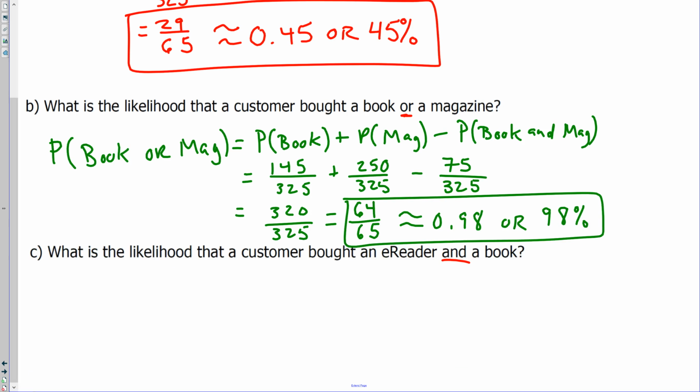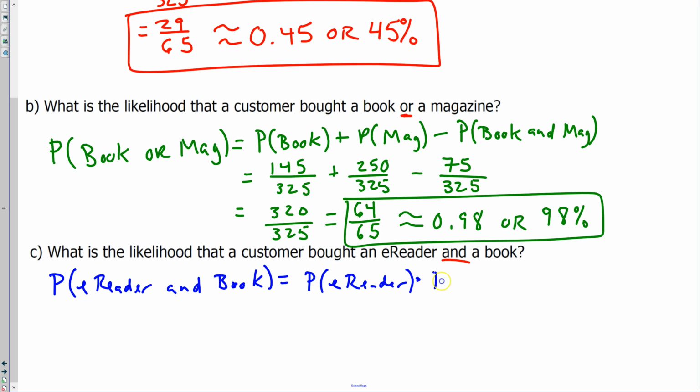Now part C, we want to find the likelihood, that's our probability, that a customer bought an e-reader and a book. So this is the AND type probability, which also has a specific formula. You're going to find the probability of the first item, that someone bought an e-reader, and you're going to multiply it by the probability that someone bought a book.